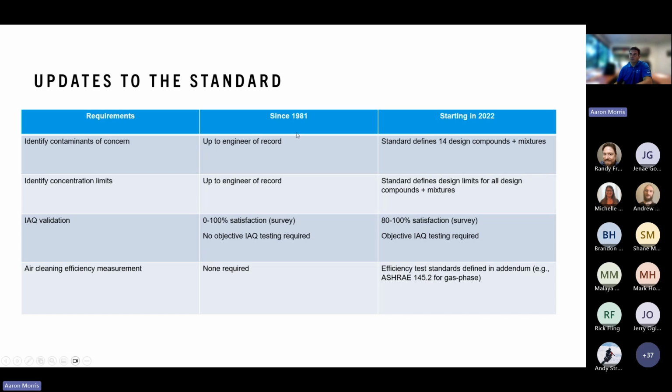But when the standard was published, there was very little data to work off of, so everything was really just left up to the engineer of record, which created some risk for the engineers trying to implement this method.